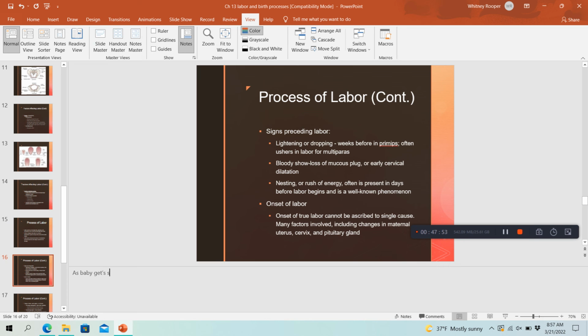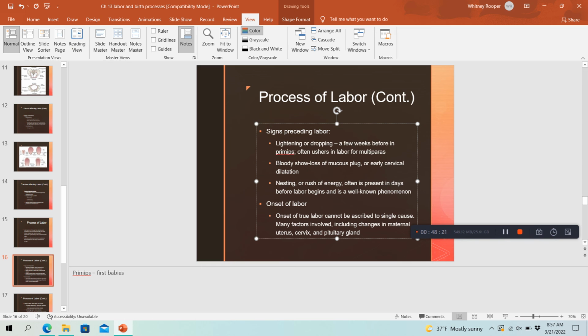For primips, or first babies, and multiparous are subsequent pregnancies, that baby drops usually a few weeks before labor starts. So the baby drops, and that's what causes a first-time mom to start effacing and dilating. The pressure of that head on the cervix starts that dilation a little earlier.